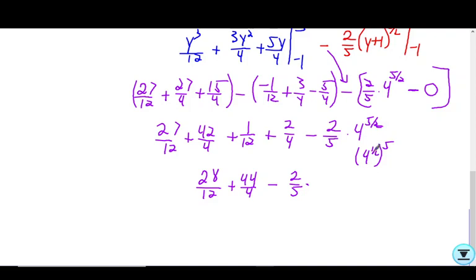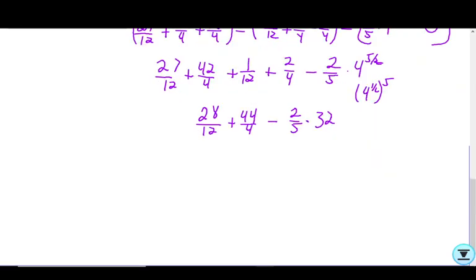And 4 to the 1/2 power is 2, to the 5th is 32. Which ends up being 40 over 3 minus 64 over 5, which ends up being 8 over 15, which is our volume.